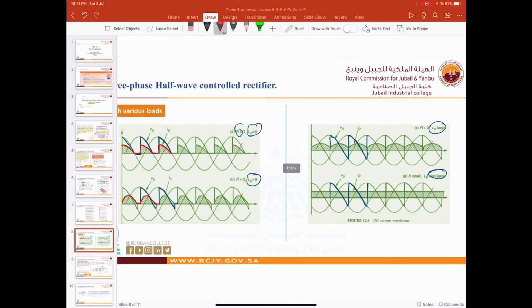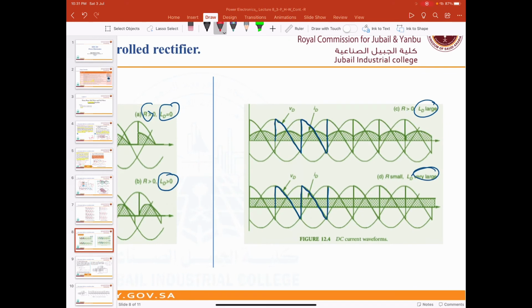Now what about this current? If the inductive load is large enough, then the current does not go to 0, and it will have ripple like this. It will not go to 0 because there is no time to fully discharge the inductive load.